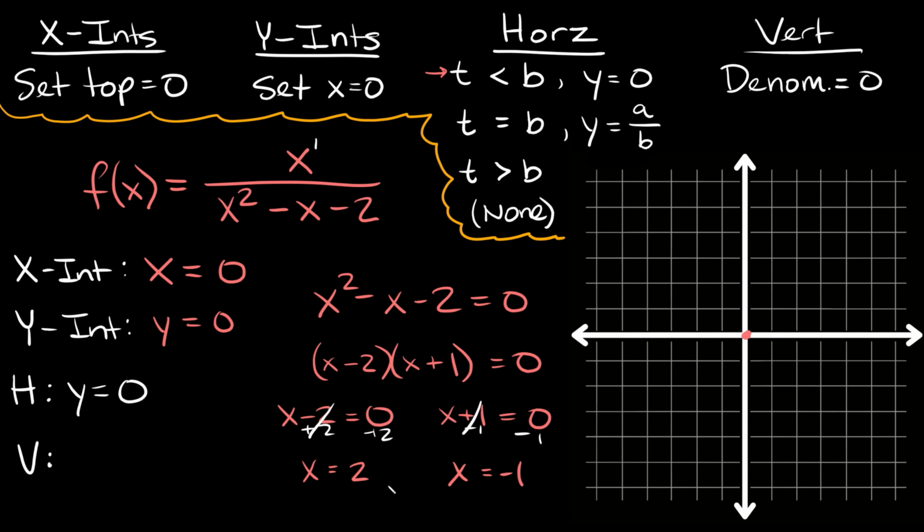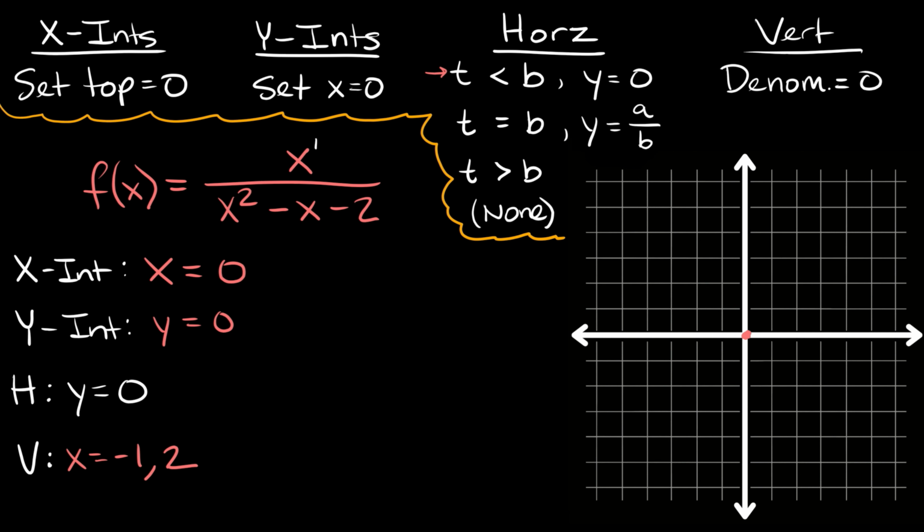All right? So in this case, we have two vertical asymptotes: a vertical asymptote at x is equal to negative 1 and at positive 2. All right, great. Now let's graph this right here. First of all, we have an x and y intercept at x is equal to 0 and y is equal to 0. That's just the origin, right? They both have an intercept at the exact same point right here at the origin. And actually, let me change this to yellow. We're plotting all our points in yellow, to keep it consistent.